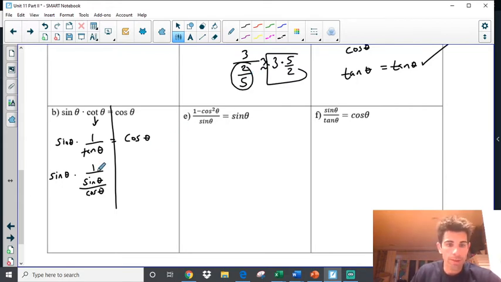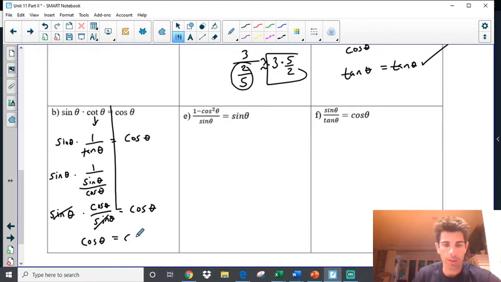So 1 divided by sine divided by cosine is the same as having cosine divided by sine. Now, these guys would cancel, because one's the numerator, one's the denominator, and you're left with cosine theta equals cosine theta. We'll get to that again.